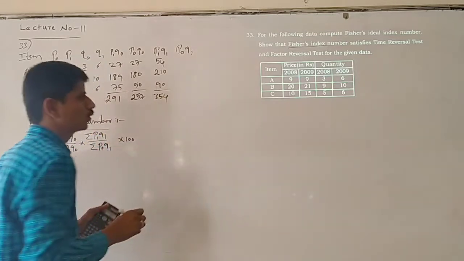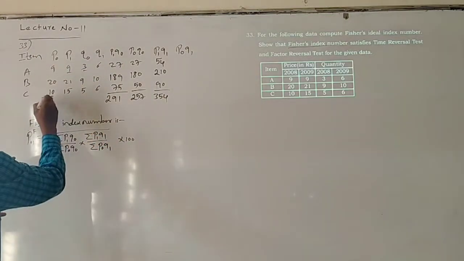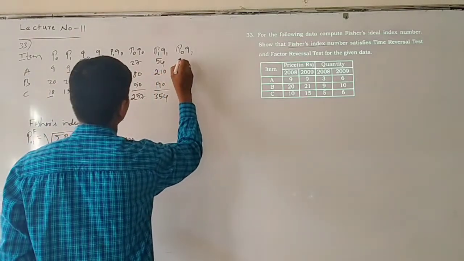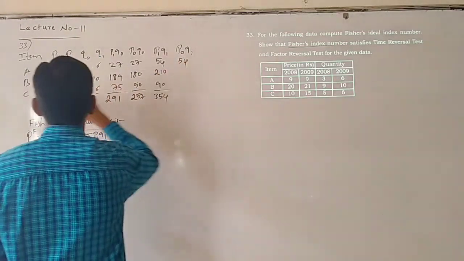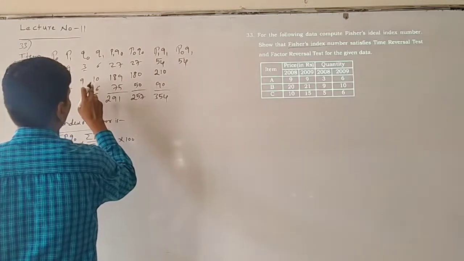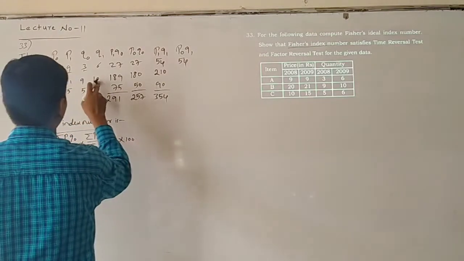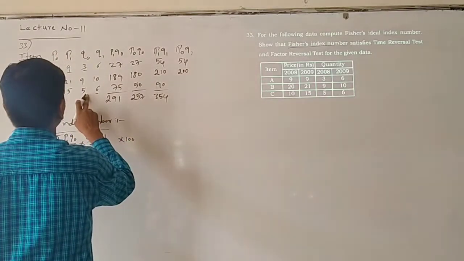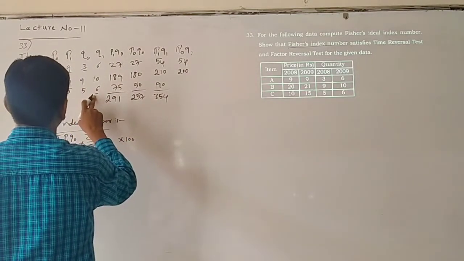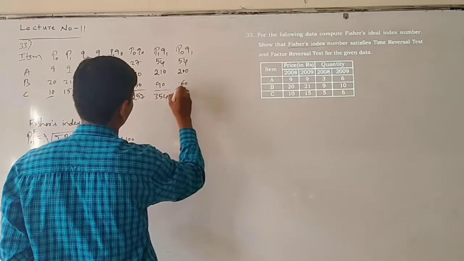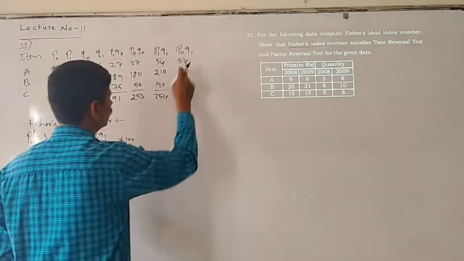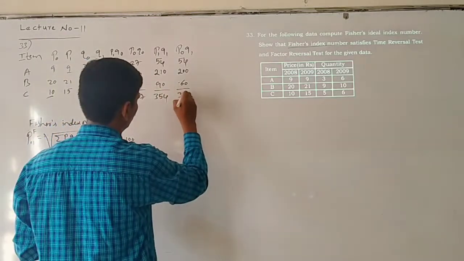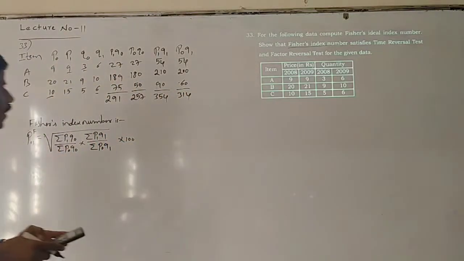Last, you have to multiply P0 into Q1. 9 times 6 is 54. The next 20 times 10 is 200. Next 10 times 6 is 60. 54 plus 200 is 254, plus 60 is 314. Sum of P0 Q1 is 314.